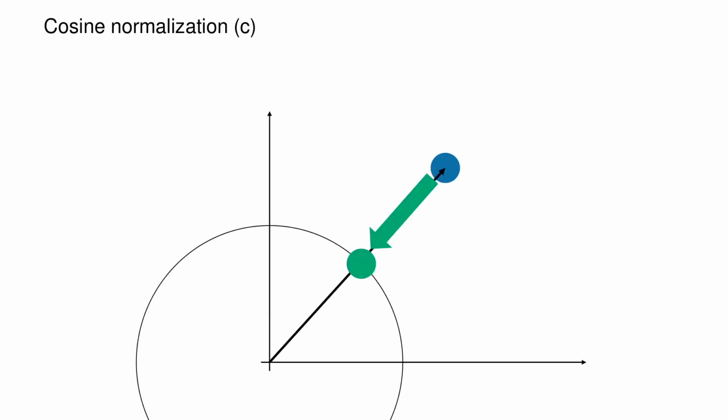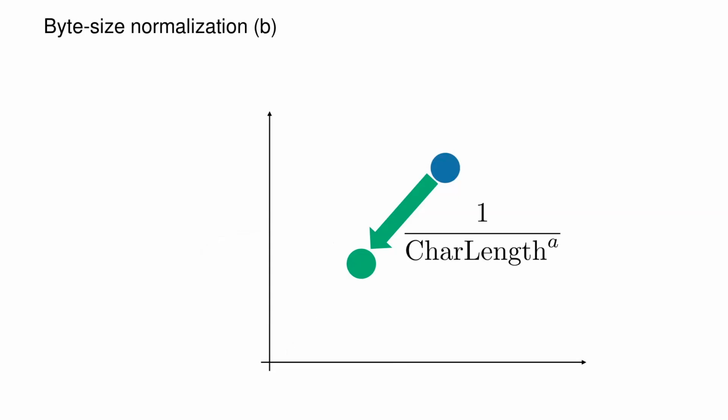Then there are people who use the cosine normalization, so the Euclidean distance to the origin. That's called the cosine normalization, and that's code C, right? That is the standard one, the one that we've used until now. And there are other people who like to use instead the size of the document, the number of characters in the document, to renormalize for some reasons, right?